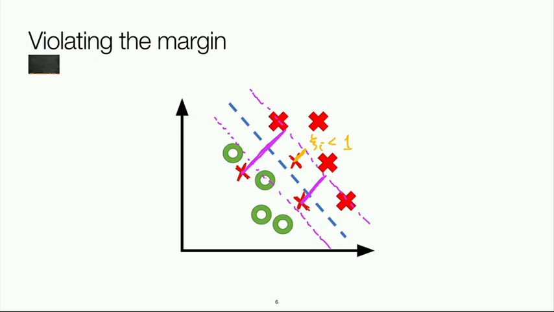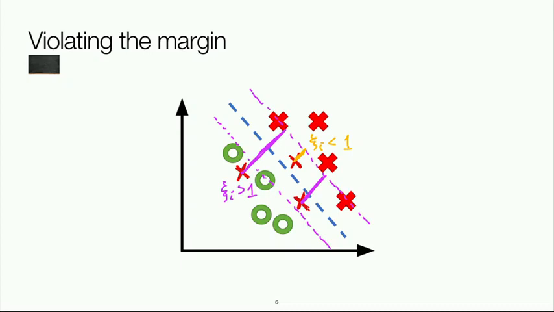For these other 2 points, where these points are straight up incorrectly classified, I'm going to have xi_i greater than 1, which basically says that my classifier is now producing the wrong prediction for this data point.